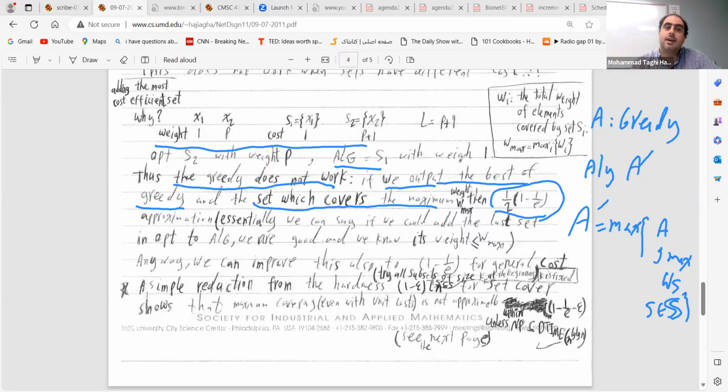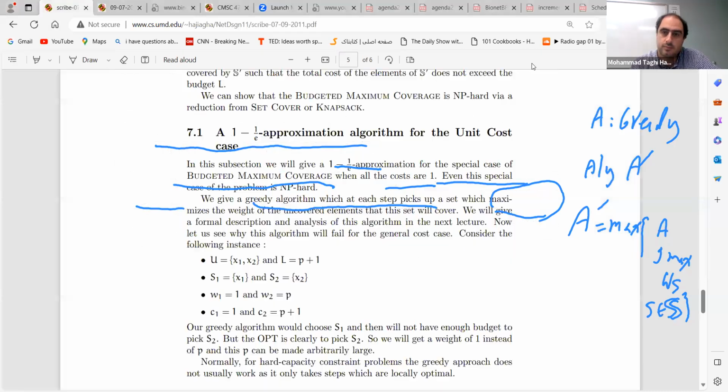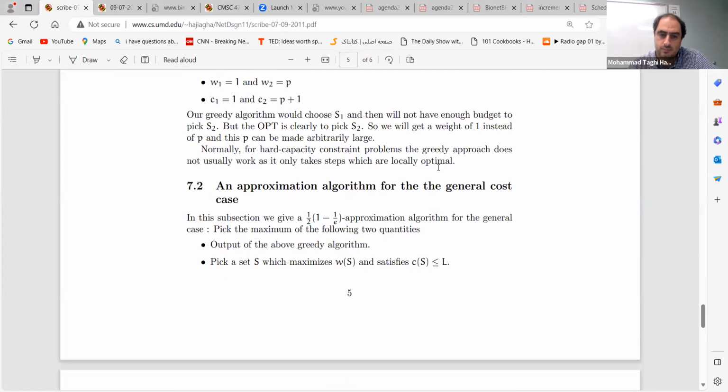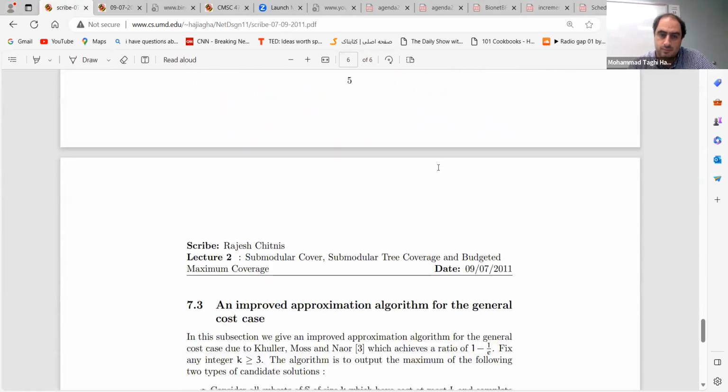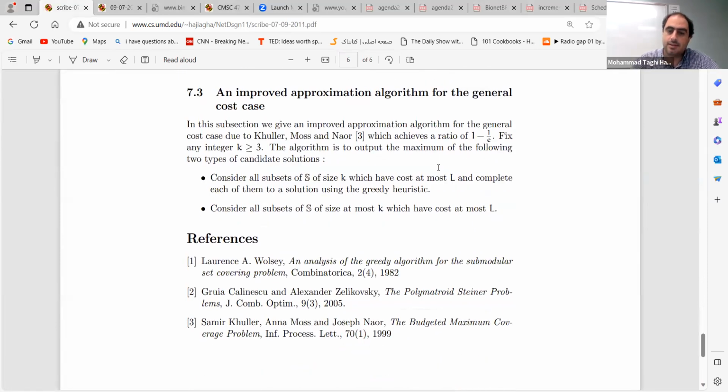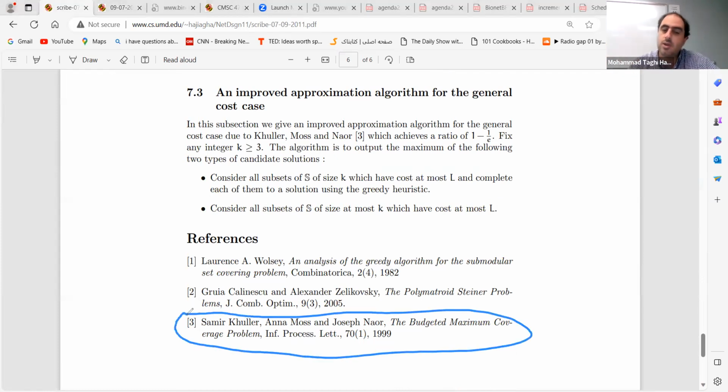However, there is a paper. This is actually a beautiful paper. This was in the Information Processing Letters.